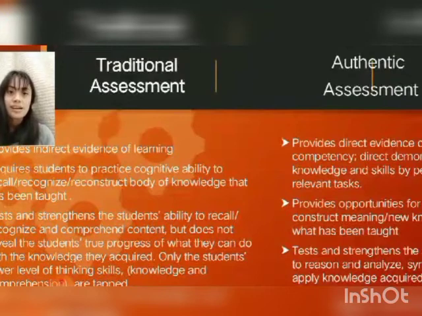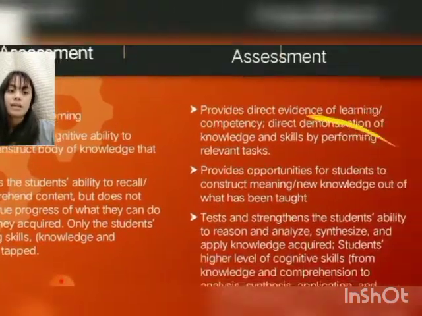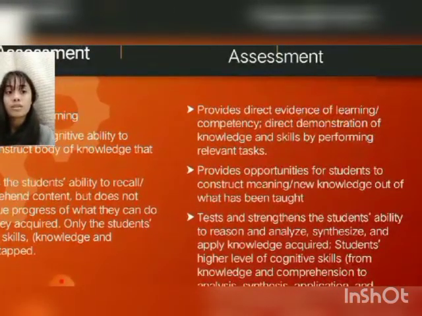Next, traditional assessment requires students to practice cognitive ability to recall, recognize, or reconstruct a body of knowledge that has been taught. The students here in traditional assessment are only focusing on what has been taught, and the learning is stiff, while authentic assessment provides opportunities for the students to construct meaning or new knowledge out of what has been taught.